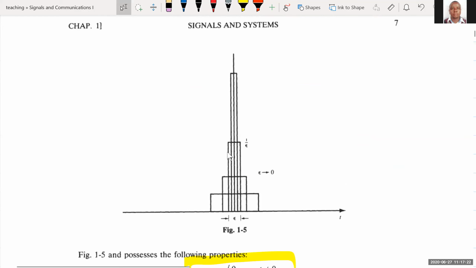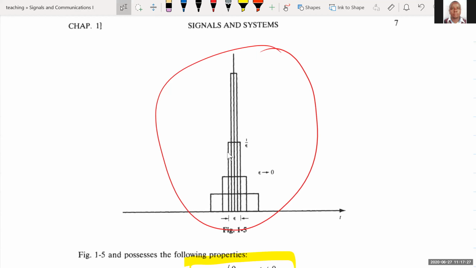So this is a conventional way of representing the delta function or Dirac function. For a small value of the dimension that we symbolize with e, as e approaches 0, the Dirac function has the value as illustrated by this diagram.